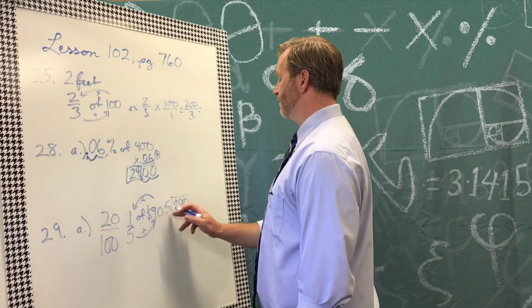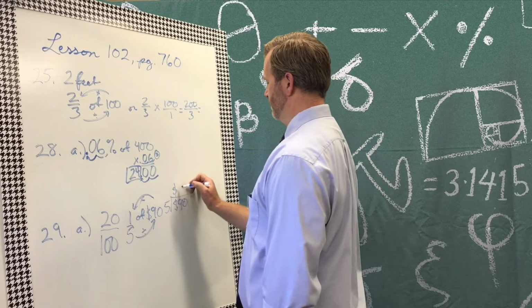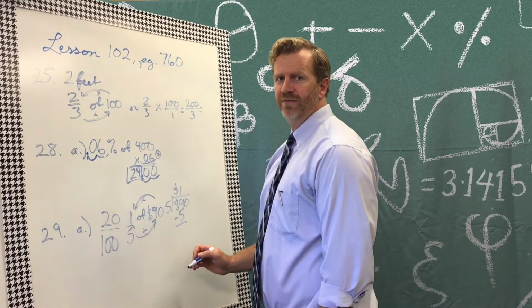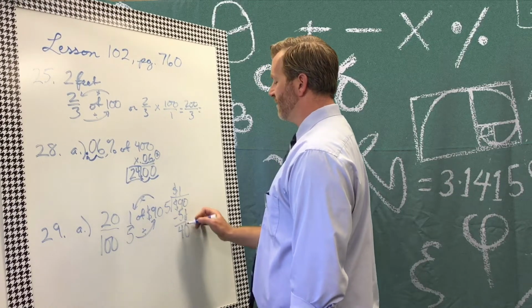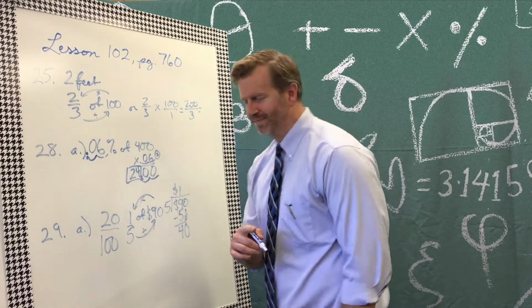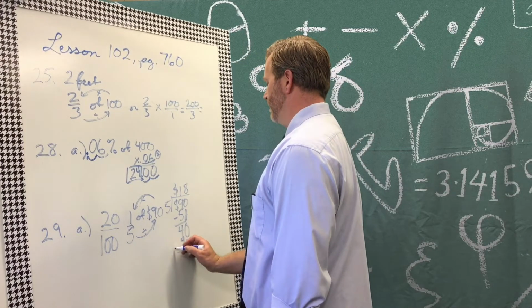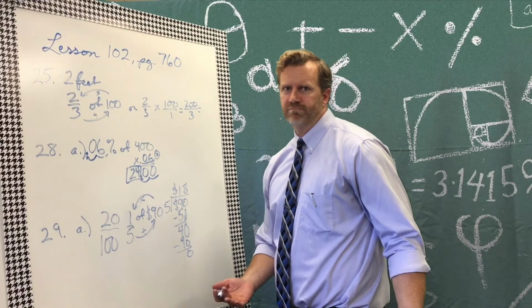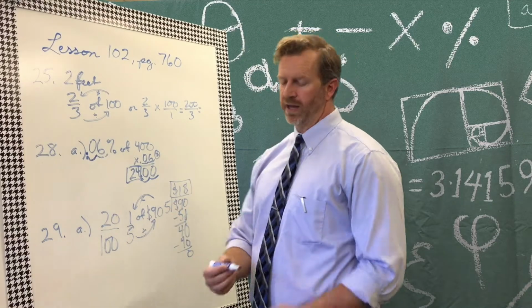So 5 goes into 9 how many times, Ava? Absolutely, it goes in one time. There's 5. What's 9 minus 5? Yep. And then we drop our 0 down, and 5 goes into 40 how many times? There we go, 8. Now, 18 times 1 is 18, right? So we're done. That's the answer for 29A.